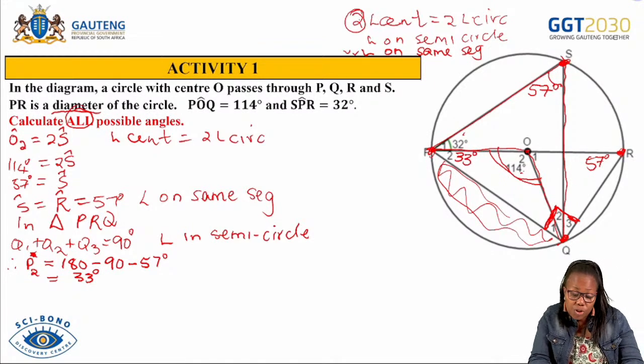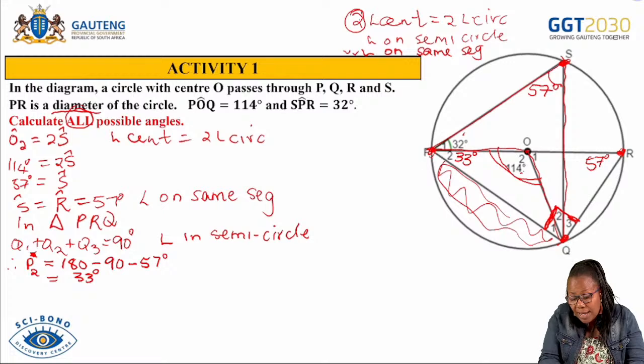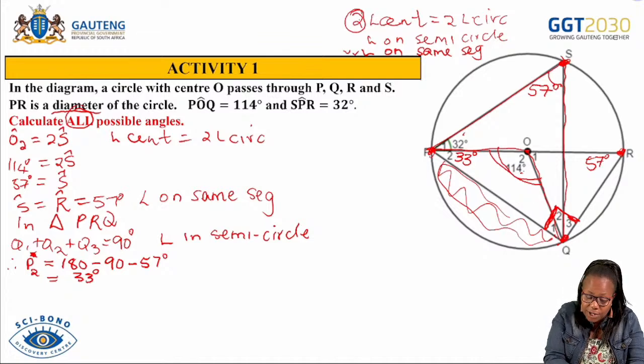And then now let's continue. From there, where does this P2 lead us to? Look, this P2 is in triangle OPQ now. In triangle OPQ, we have P2, 33, and we have O2, 114. We can calculate Q1. Same method, sum of angles of a triangle, all right?